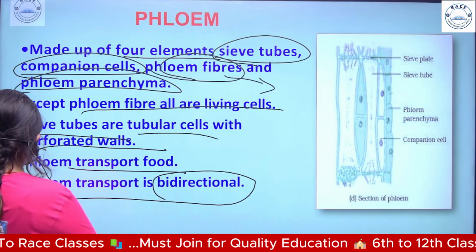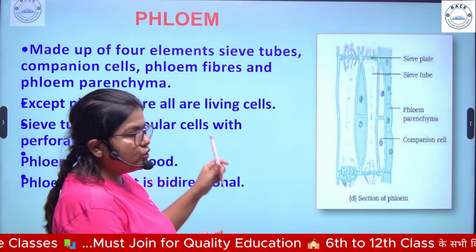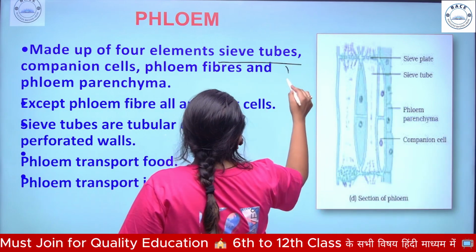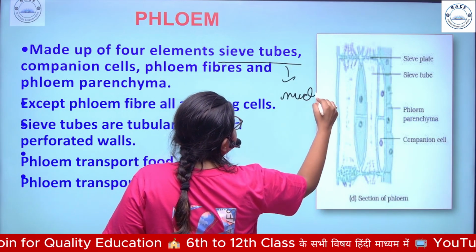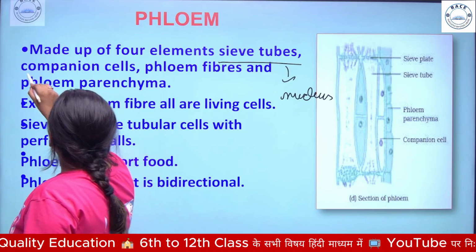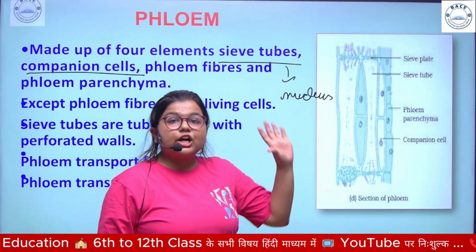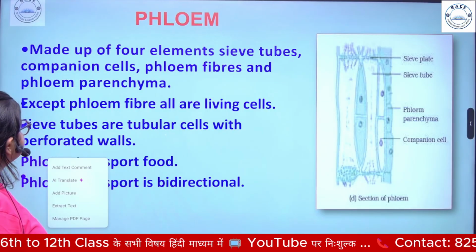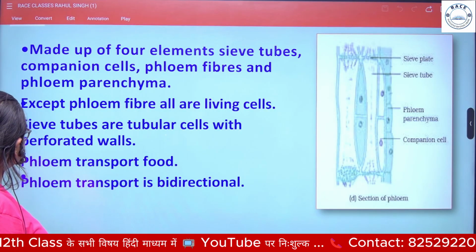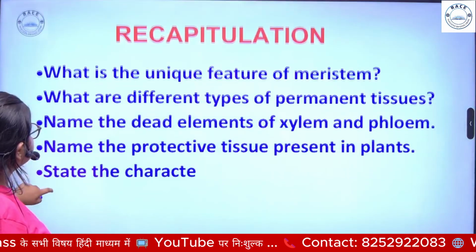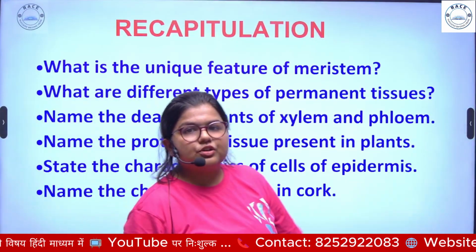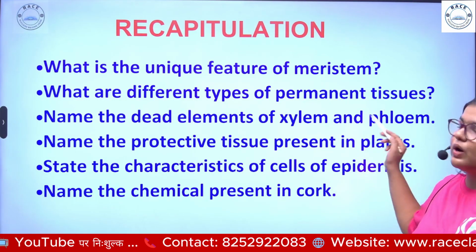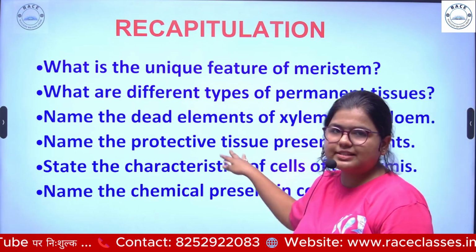Now the sieve tubes do not have any nucleus. Because of that, the companion cells actually control them with their own nucleus. Now, recapitulation. You might have understood these things, and you will be able to answer the questions that are asked.